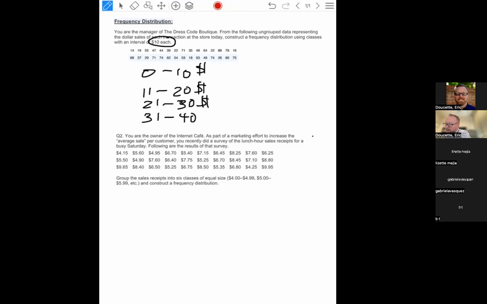What's our highest one? $41 to $50. 51 to 60. And then 61 to 70. And then what's our tallest one? 90. So 71 to 80. And then 81 to 90. And then 91 to 100. We'll stop. I don't think any of them are over 100.